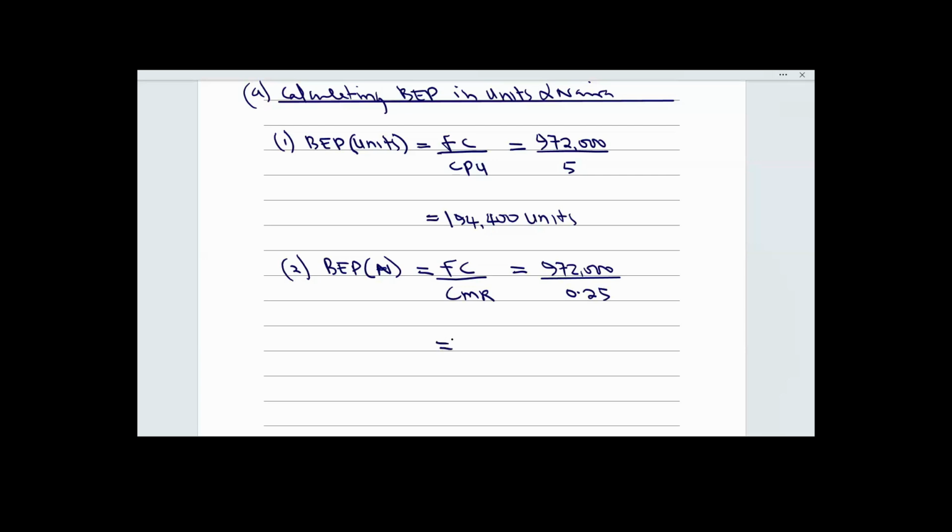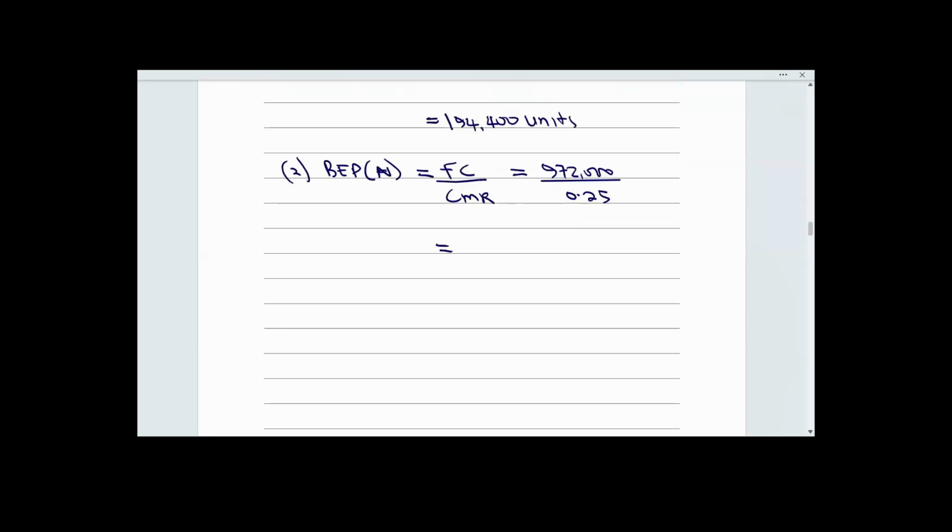Therefore, break-even points in naira will be 972,000 divided by contribution margin ratio of 0.25, equal to 3,888,000 naira.